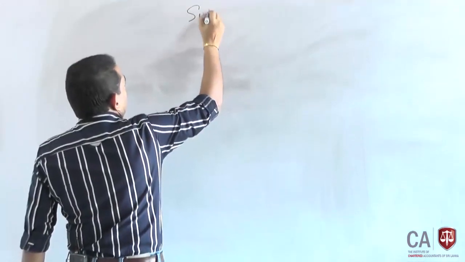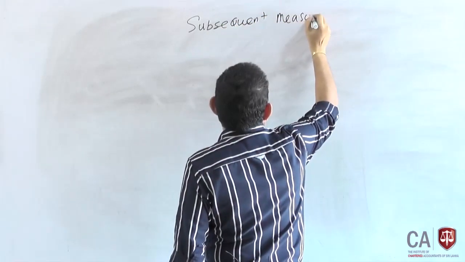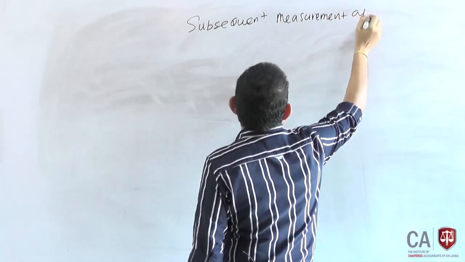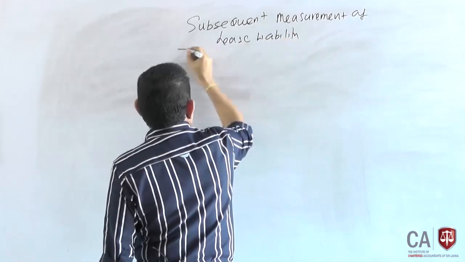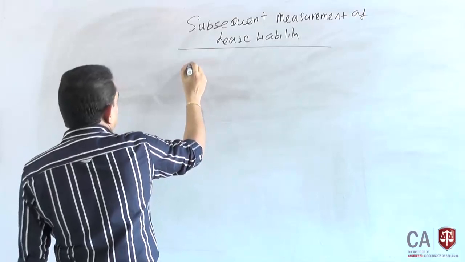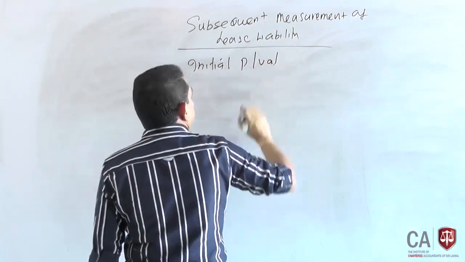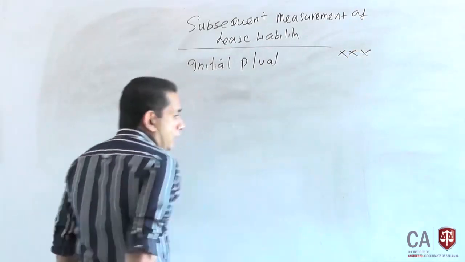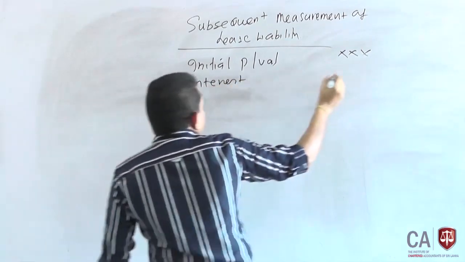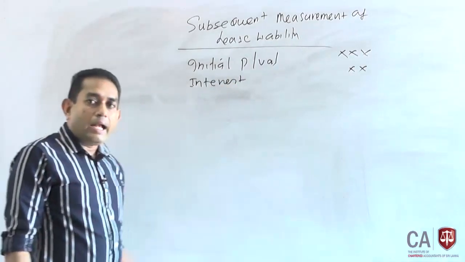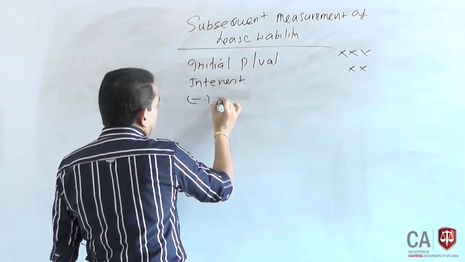Subsequent measurement of lease liability. We have taken the initial present value and you need to keep charging interest at the interest rate. Interest should be charged. As and when the settlements are done, lease liability keeps reducing: minus settlements.